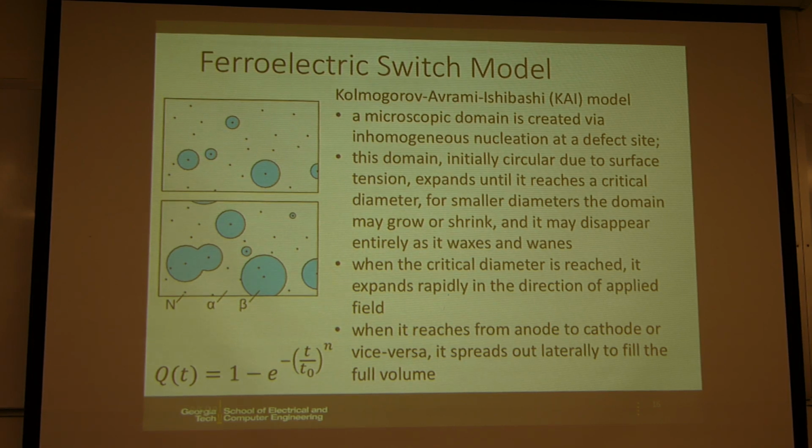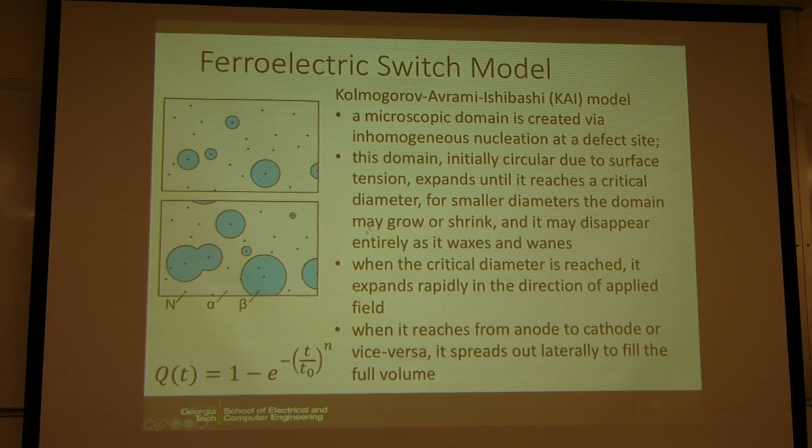This nucleation and growth process is modeled by the so-called KAI model. The essence of this model is this equation here. T0 is the characteristic time, and n is the geometric growth dimensionality. Typically for circular domains we use 2.